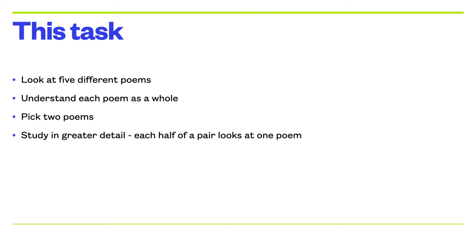You need to make sure you understand each poem as a whole, and that will be on the next slide. Then you're going to have a class vote on 2 poems. And then we will study the 2 poems in greater detail. And what we'll do is we'll put you into pairs, and one half of the pair looks at one of the poems and the other half of the pair looks at the other poem when we're going through them. Okay?